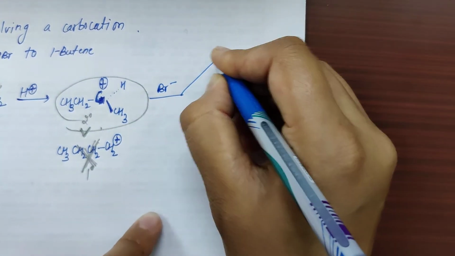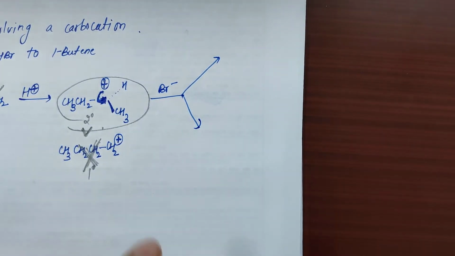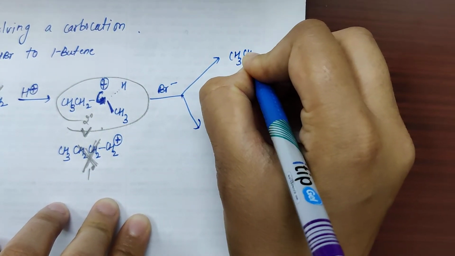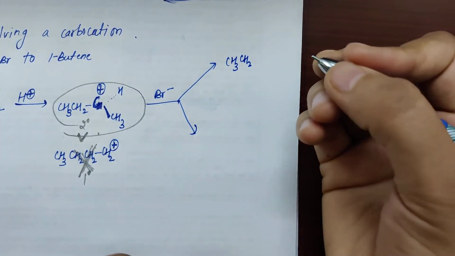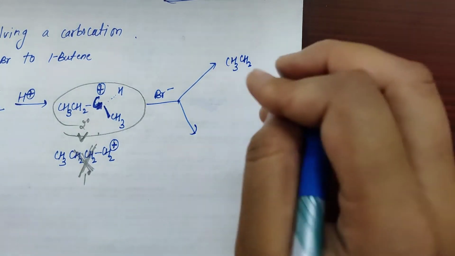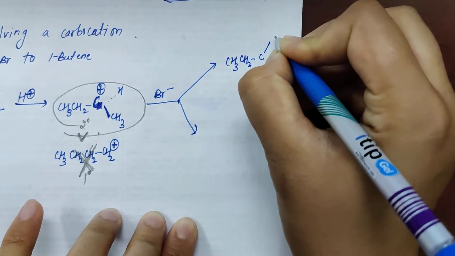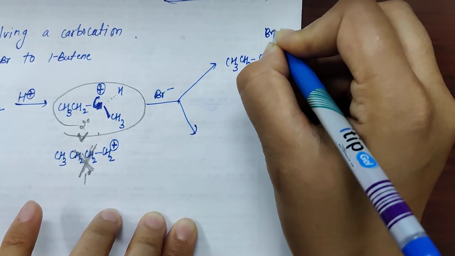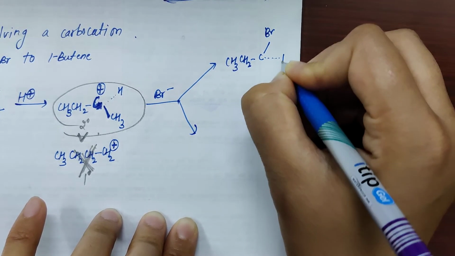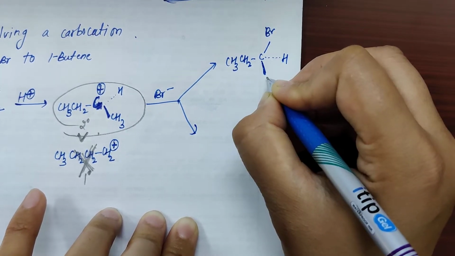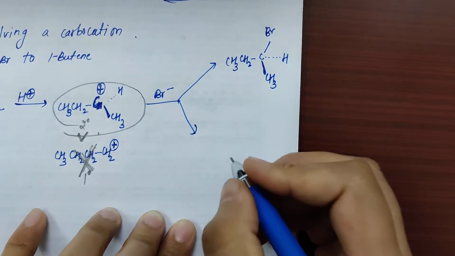Okay, so again, similar to the free radical mechanism, here also there is a possibility of bonding from either side, because we know that a carbocation is also a planar entity. So the bromine can get attached from above or from below.